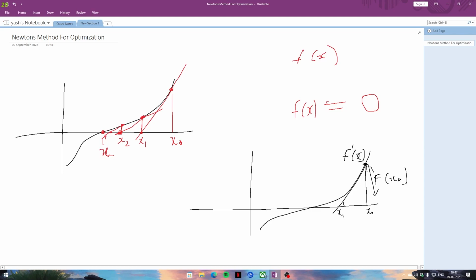Slope is basically tan theta, which is height divided by base, opposite by adjacent. So what I get is f dash of x is equal to f of x0 by the adjacent, which is x0 minus x1.